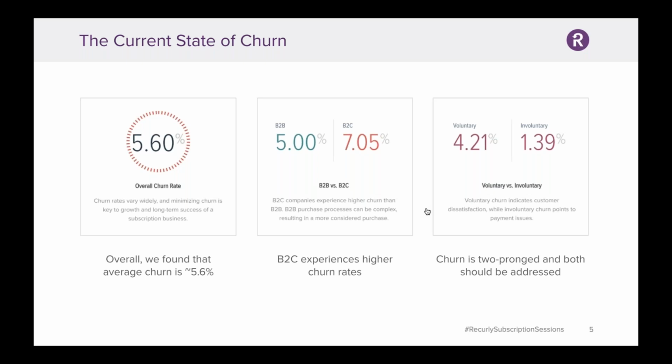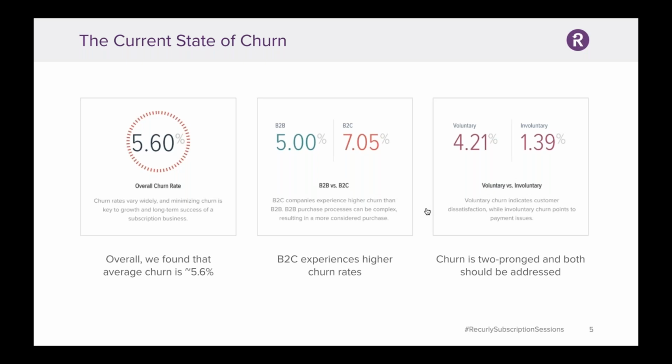So when Recurly thinks about churn, we want to make sure that our thoughts and our recommendations are data-driven. When we looked at the state of churn across all of Recurly customers in 2019, that's over 2,000 customers, we saw an average churn of about 5.6%. Now these are account churns or logo churn, not revenue churn.